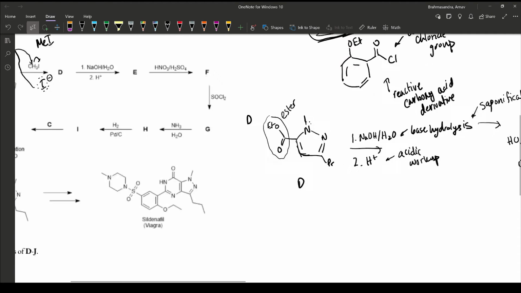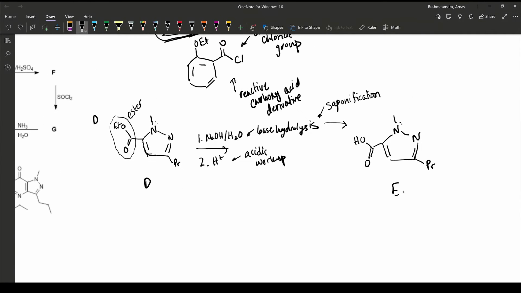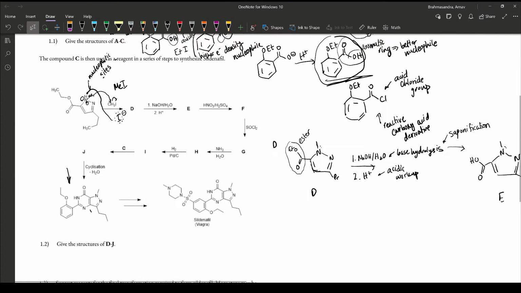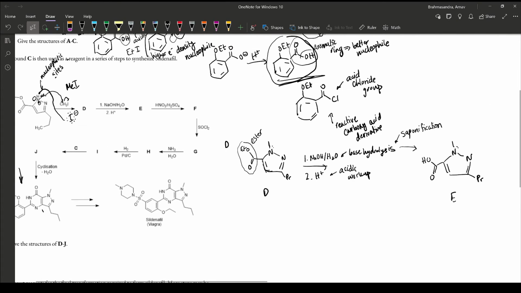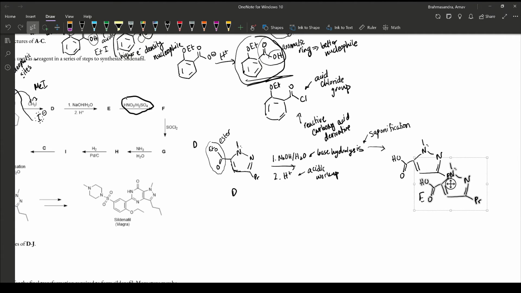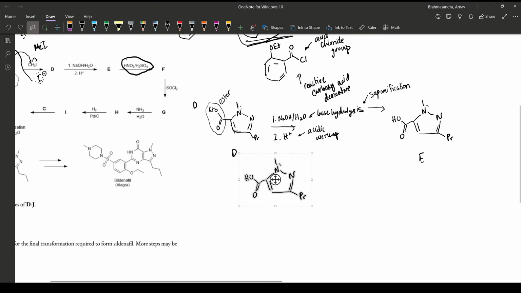Now this is our E, so let's look at our next step. With our next step, we have HNO3, so we have nitric acid and sulfuric acid. Let me copy this over. We should be familiar with these reagents. What exactly do they do?